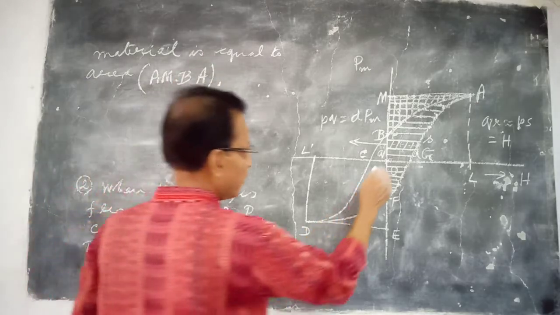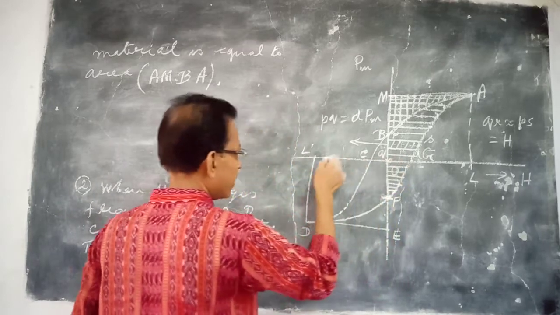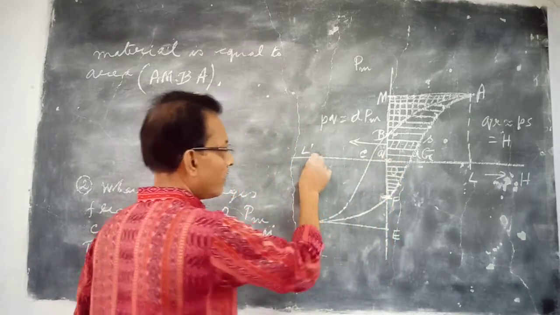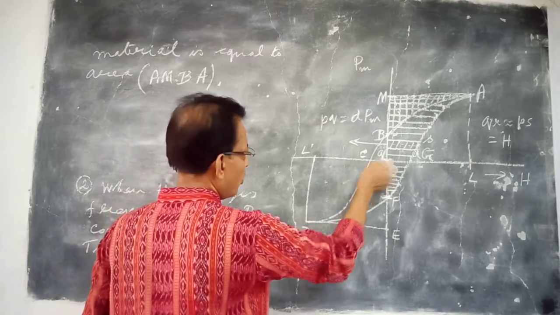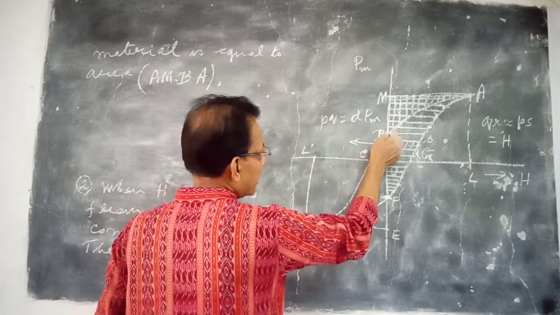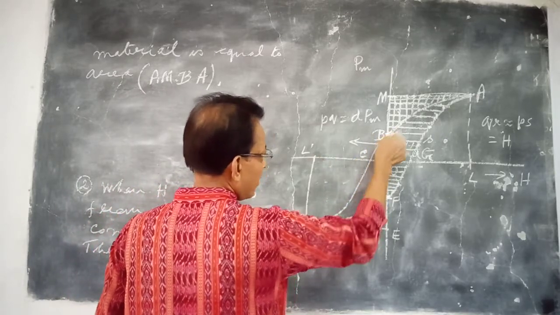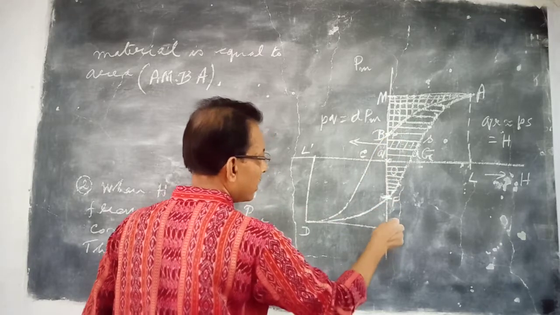Now it comes here. Again it will increase in the opposite direction. So when it increases from O to OL prime, the intensity of magnetization comes from plus OB to minus OA.